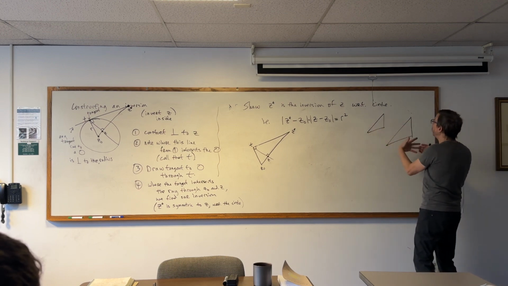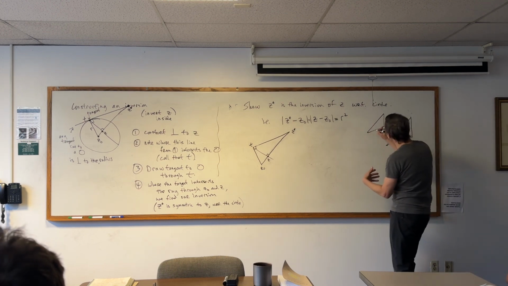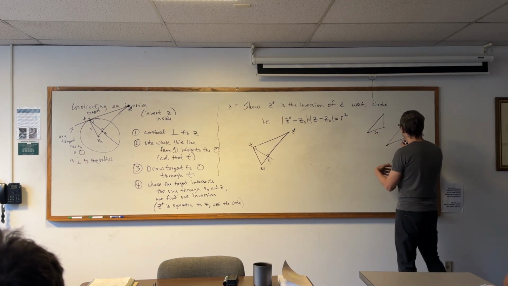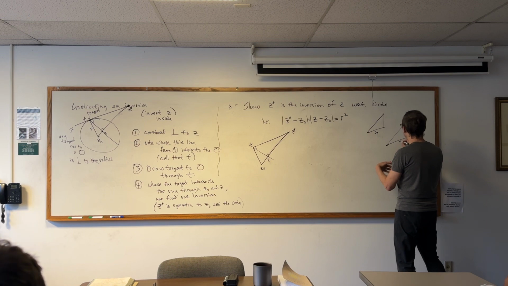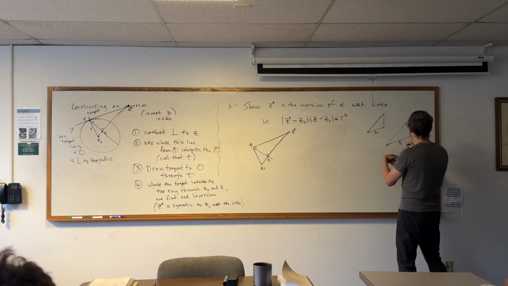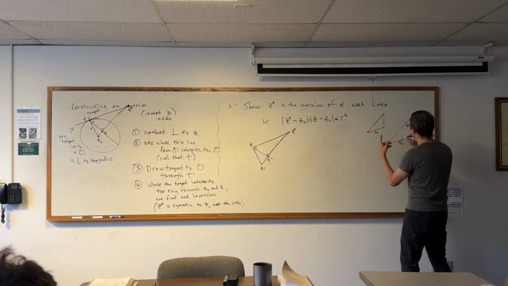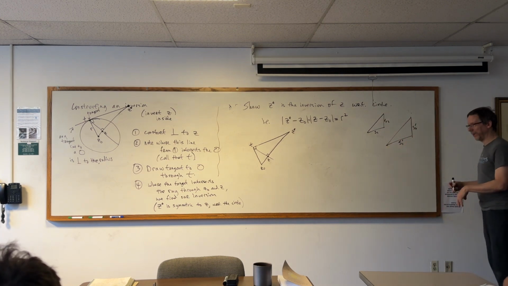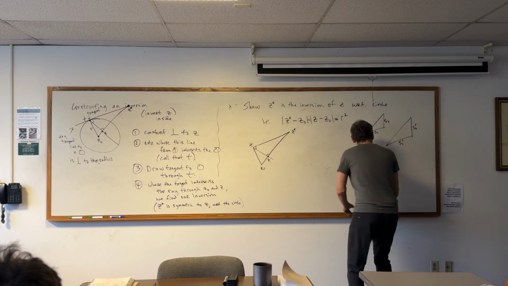If I've shown these two are similar, then I could say, let's call this side one, let's call this side one prime, call this side two prime, for complete lack of imagination apparently.